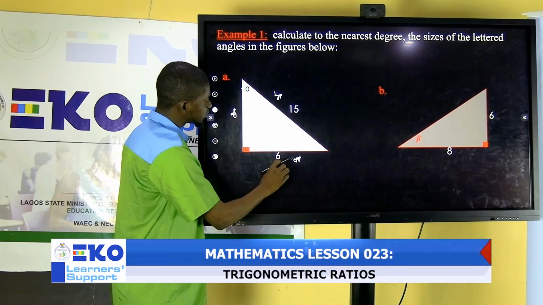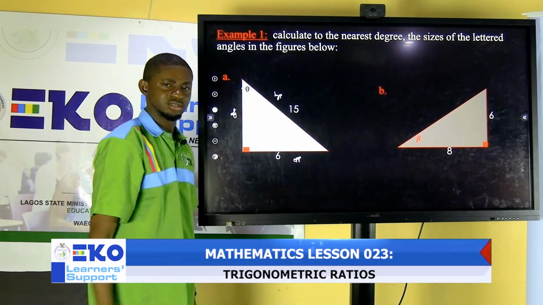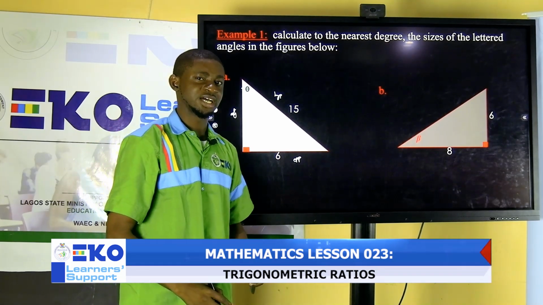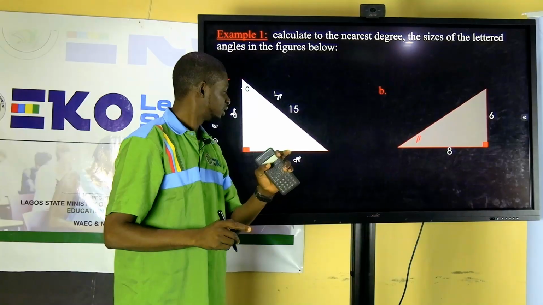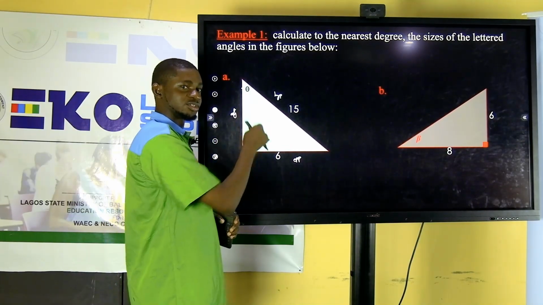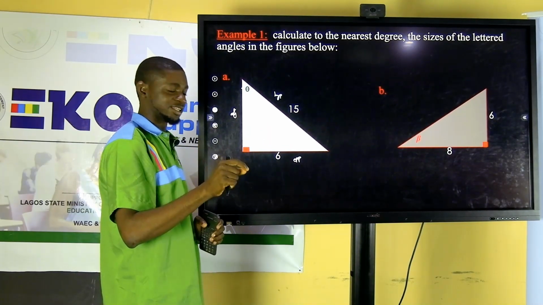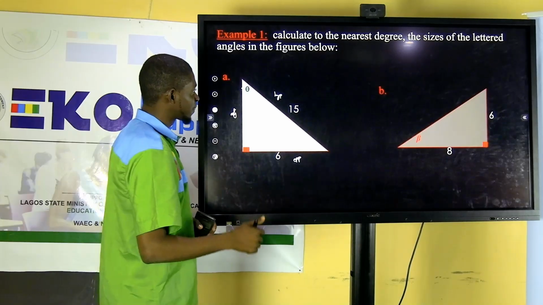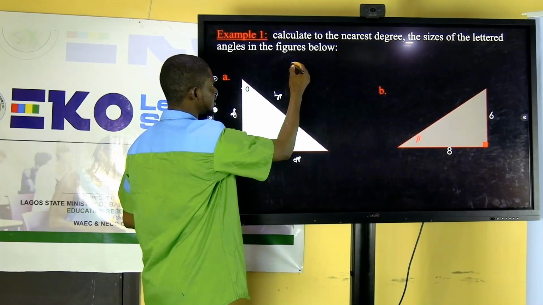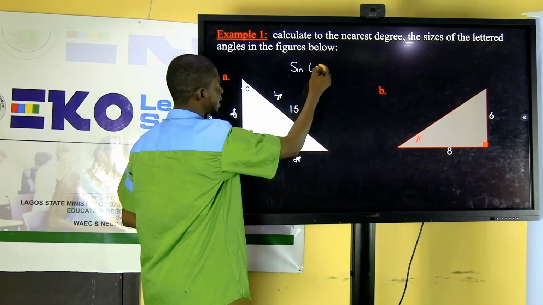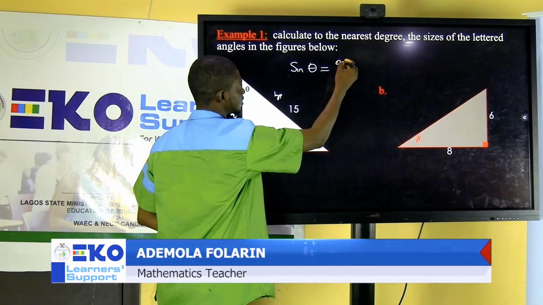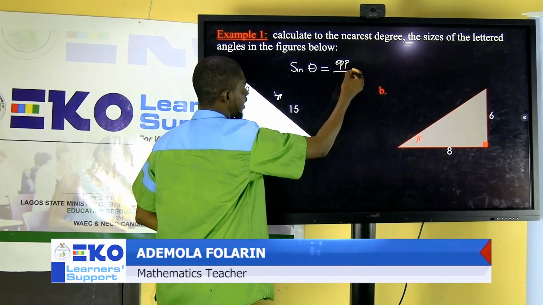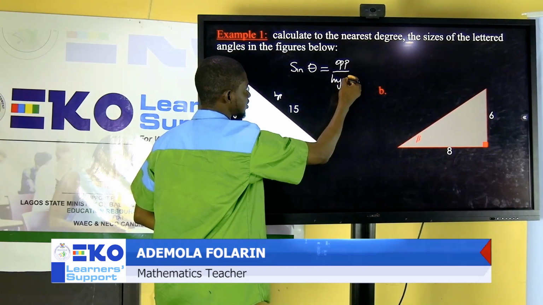Now we have opposite and hypotenuse. So which of the trig ratios would you consider? Yes, SOH CAH TOA. Opposite, hypotenuse. Fantastic. Sine. We are using sine. So sine theta equals opposite divided by the hypotenuse.